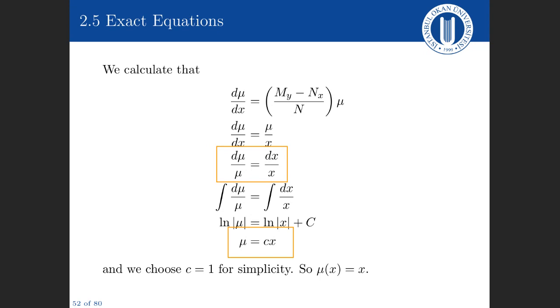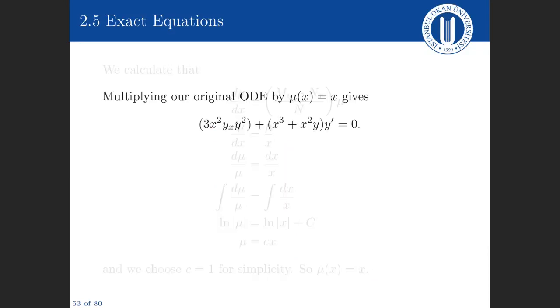We don't need to find every possible mu that works. We only need to find one integrating factor which works. So we can choose any value of c, and because I like easy numbers, I'm going to choose c equal to 1. So we have the integrating factor mu is equal to x.